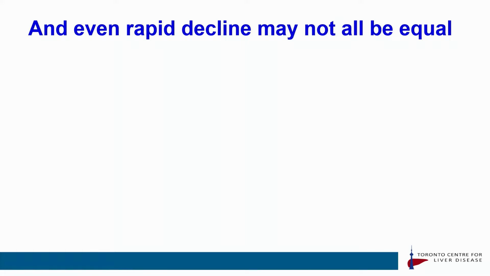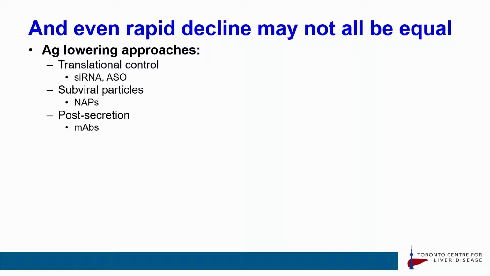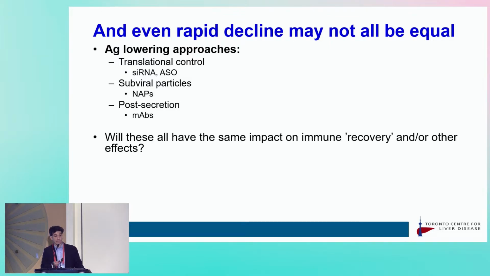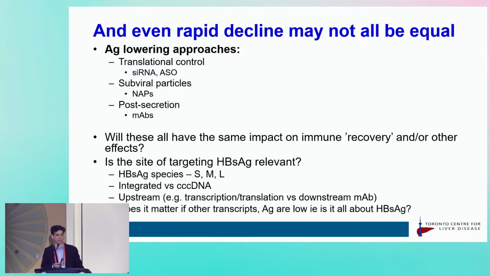So I think it's also important to consider that how you get there differs between the different approaches to bringing down S levels. So if you think about translational control, the transcript targeting approaches, siRNA or antisense, you can do this later in the life cycle with subviral particle inhibitors, things like NAPs, or even post-secretion with monoclonal antibodies, and all of these are going to bring down antigen levels, but they're going to do it at a different time in the viral life cycle and may have different effects, because they may have the same impact on antigen levels, but whether that will lead to the same impact on immune recovery and other effects is less clear.